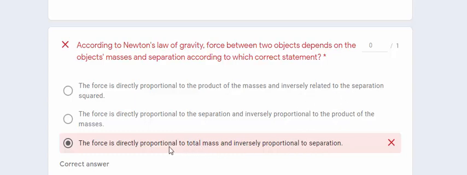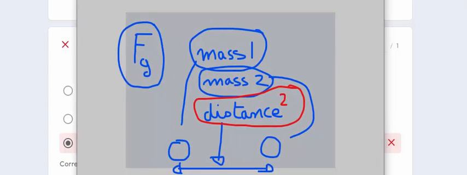But more importantly, it says it is proportional to the total mass. So this one, in this case, it will say the gravitational force is going to exist even if one of the objects does not have a mass. While that's not correct. Both of them have to have a mass for us to have a gravitational force.